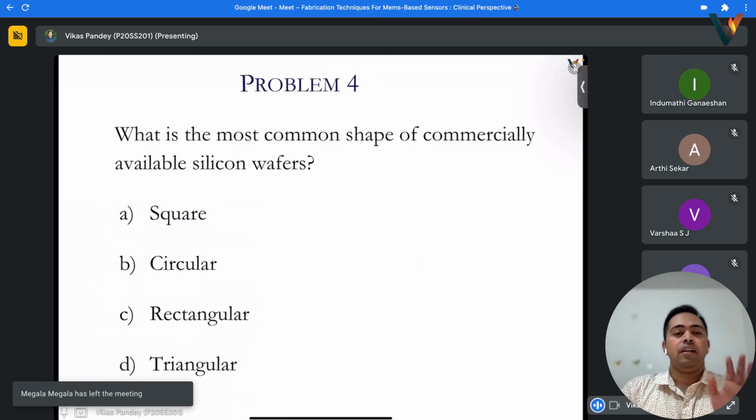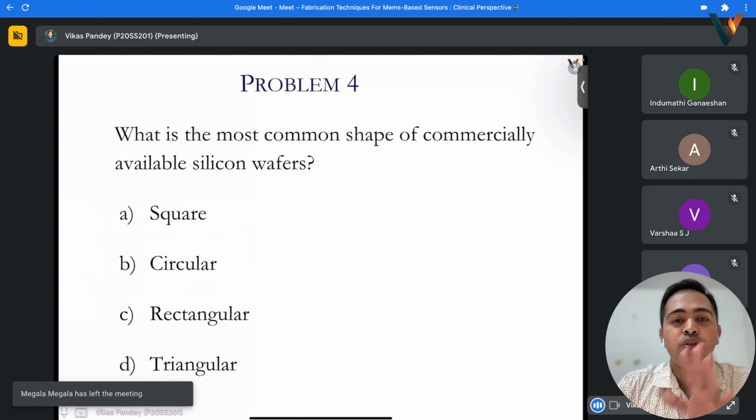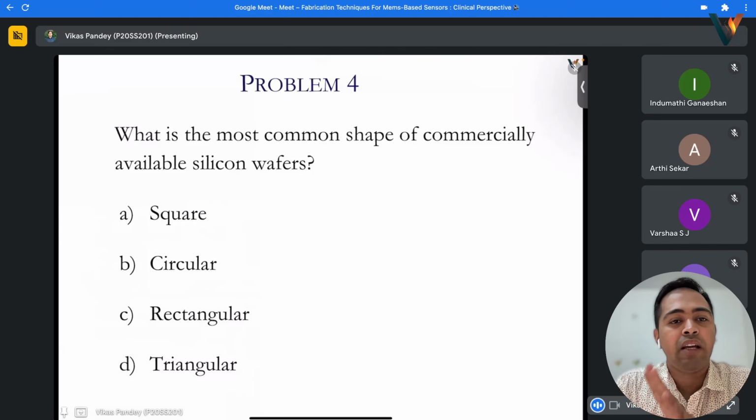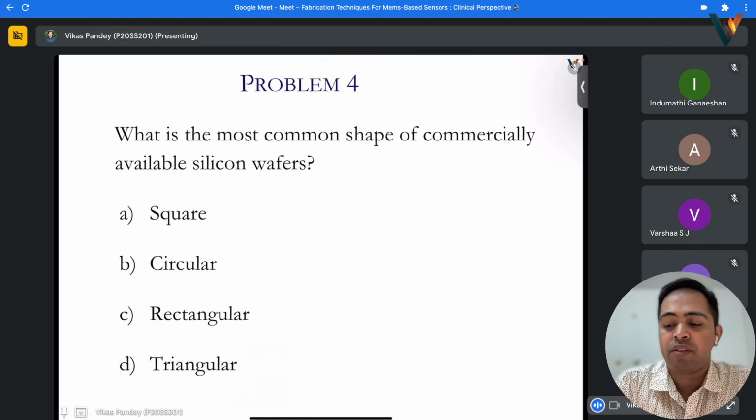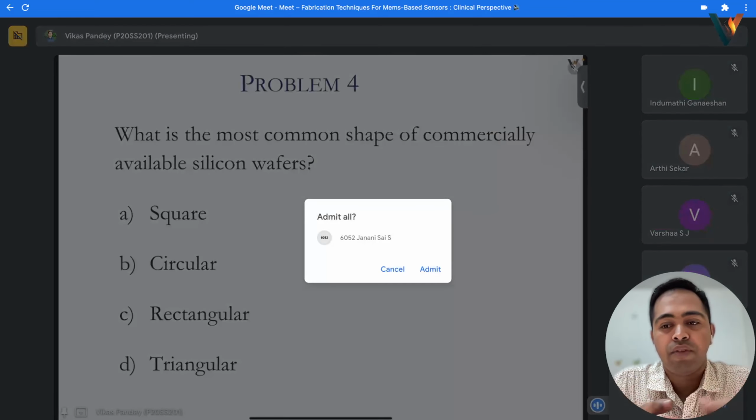Moving forward, here is a very common question. What is the most common shape of commercially available silicon wafers? Has anyone seen silicon? I think someone was saying he is doing research after PG, right? So you must have seen a silicon wafer, and sir also showed it in the video lectures.